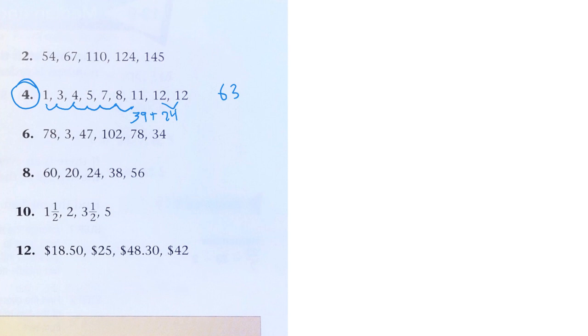So if we add them all up, the sum of all of that data set is 63. Now, let's see how many we have. We've got 1, 2, 3, 4, 5, 6, 7, 8, 9 numbers. So if we divide 63 by the 9 numbers, we'll see what the mean average is.